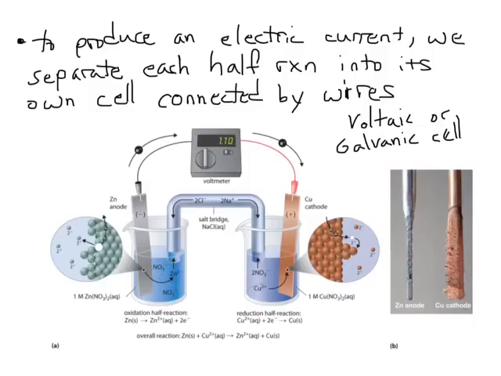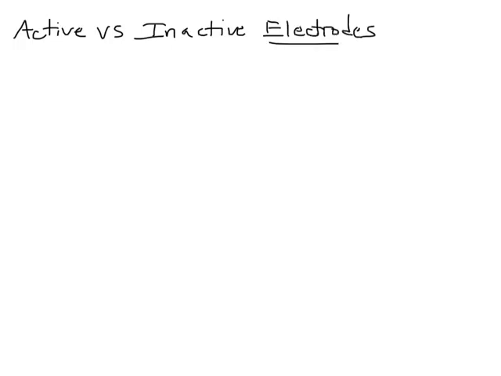All right, we're going to continue with this and take a look at different kinds of electrodes we can have. There is such a thing known as active electrodes versus inactive electrodes. And this is something you just have to sort of recognize.